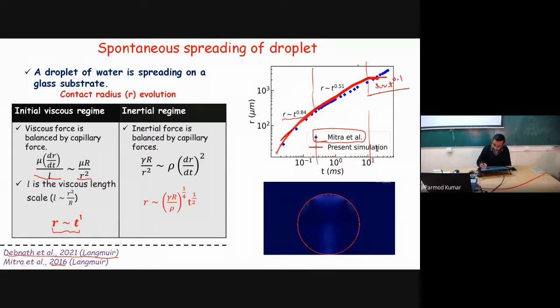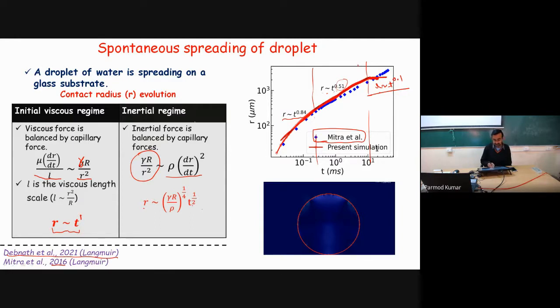And then after some time, if we balance the inertia force of the drop with the capillary pressure, so here this has to be gamma actually, then we find that it gives R of the order of T to the 1 by 2, which comes as R of the order of T to the 0.51 in our simulations. So this initial regime of drop spreading is called the initial viscous regime.